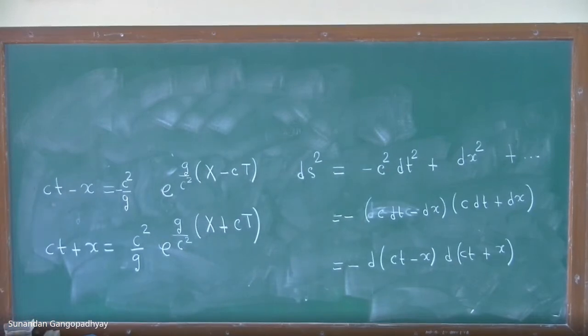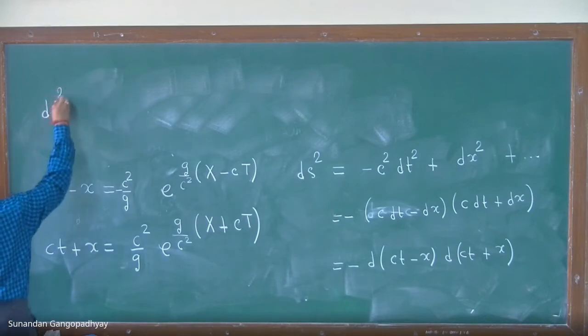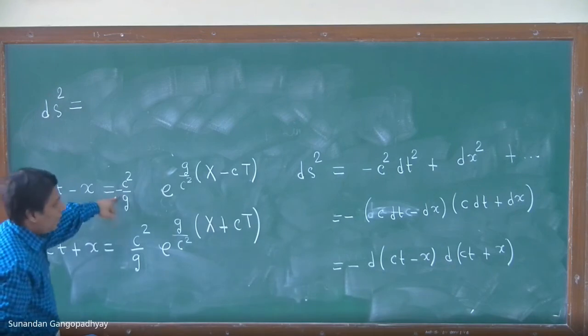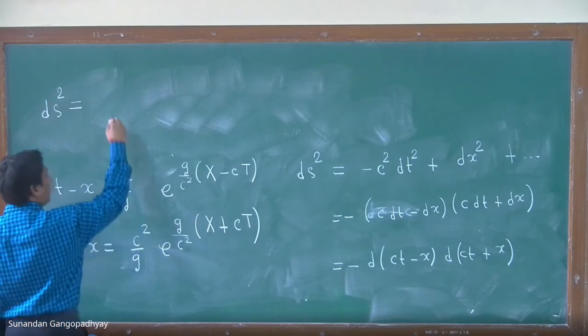so this will be ds square is equal to, take the derivative. So here is a minus sign, so minus and minus will become plus.